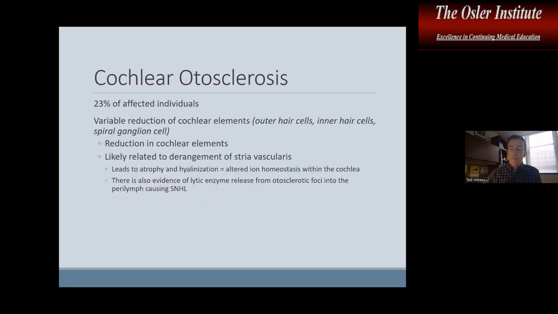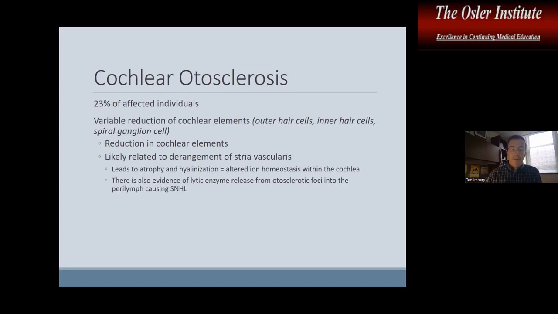So patients can get more advanced disease. Cochlear otosclerosis can affect maybe about a quarter of patients. So what's happening with this? For cochlear otosclerosis, there's involvement and reduction in some of the cochlear function, and it can affect the outer and inner hair cells, spiral ganglion cells, as well as cause derangements of the stria vascularis.